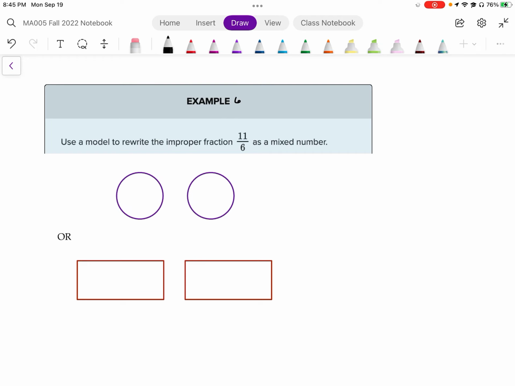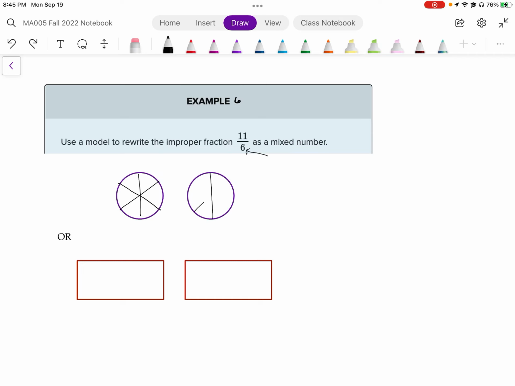Okay, so I'm going to divide this into sixths. Okay, so this is the divisions, right? The number of parts it's divided into each one. Okay, so it's in sixths. Not perfect, but you get the gist.